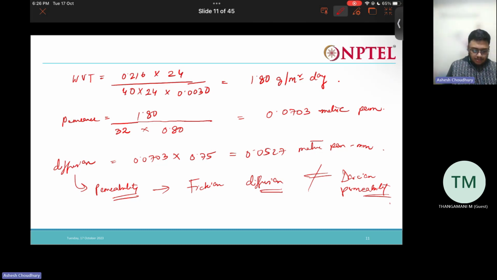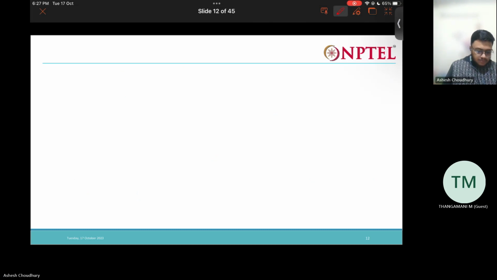So let us see how to find that out. For that, what we generally do is manipulate the units to come to the Darcian permeability. Let us see how to do that. WVT is 1.80 gram per meter square per day.